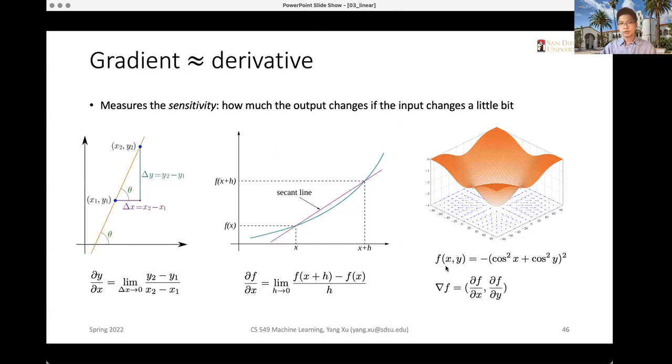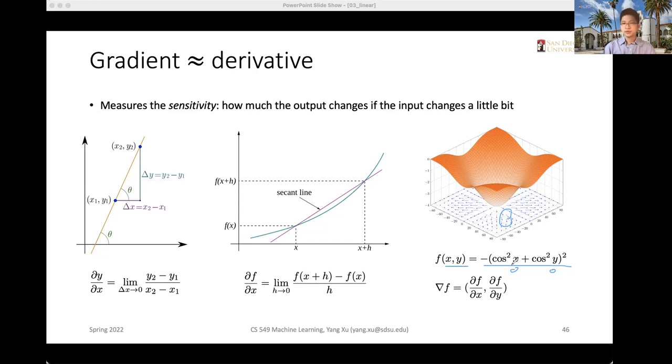You can imagine that the inputs to the function, x and y, form a two-dimensional vector. For any vector, you can always visualize it, if it's two-dimensional, using an arrow pointing towards the direction of that vector. It's a function that takes a two-dimensional vector as the input, and the surface of the function, of course, varies depending on the nature of the function.